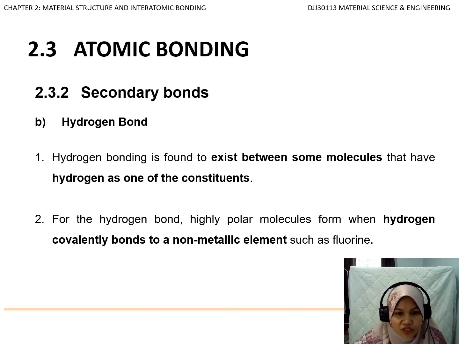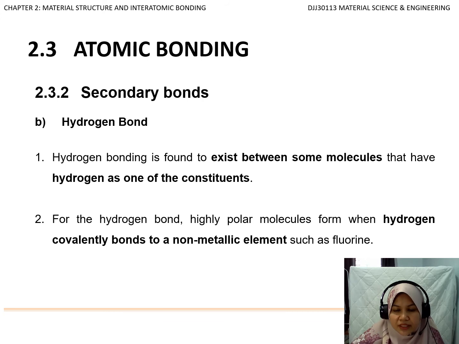Okay, for the hydrogen bond, highly polar molecules form when hydrogen covalently bonds to a non-metallic element such as fluorine. This is a hydrogen bond.